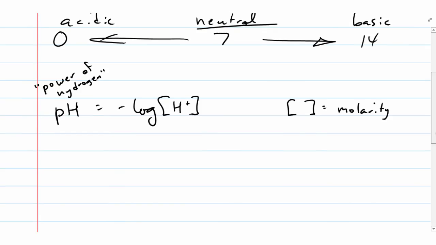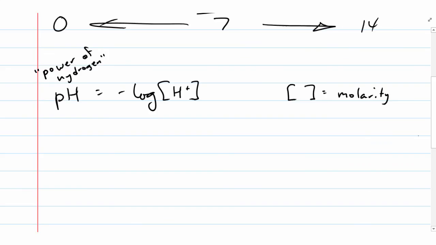Now, a couple things. First of all, let's talk about what the logarithm is or does and why it's called the power of hydrogen. It works something like this. Let's say that we want to take the logarithm of 10 to the 12th. I know some people have had this already. What is the logarithm of 10 to the 12th? 12. Right.